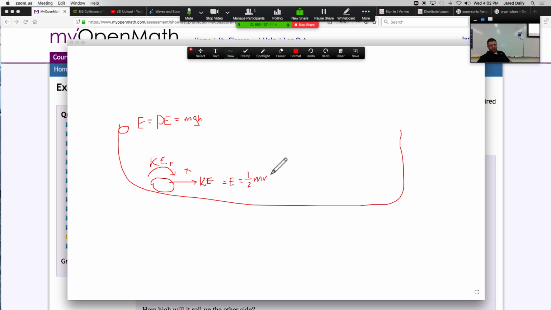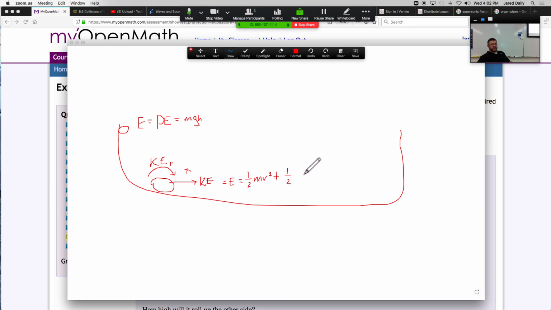Does anybody remember what rotational kinetic energy is itself? I'll start at 1/2. Instead of v, what do we use for rotational velocity? There is an r involved in this equation, but it's not immediately apparent.